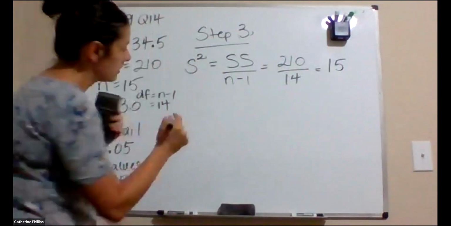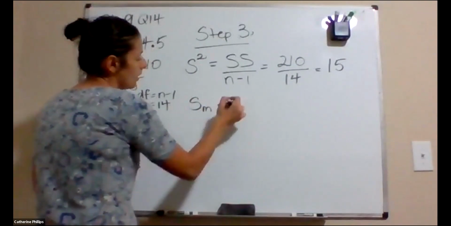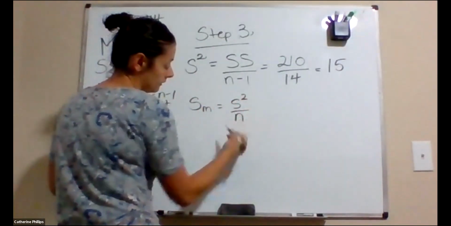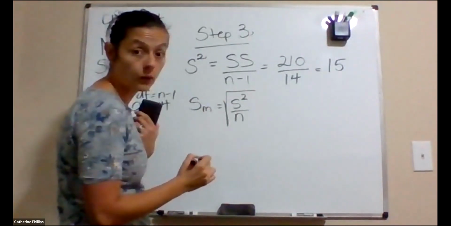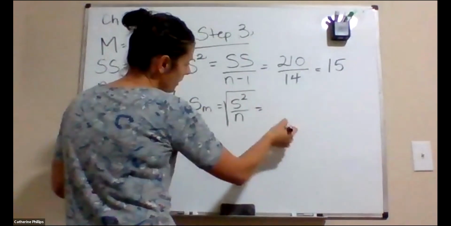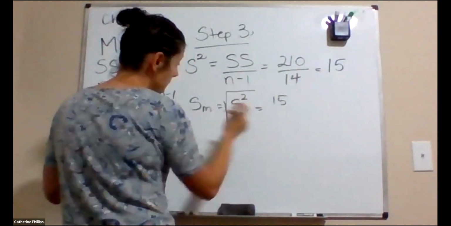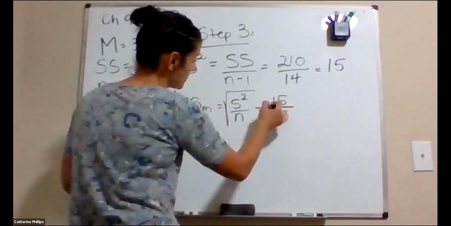Now we can calculate our estimated standard error. We can put our variance, divide by the number of scores, and take the square root of the whole thing. So 15 divided by 15, because that was our sample size.